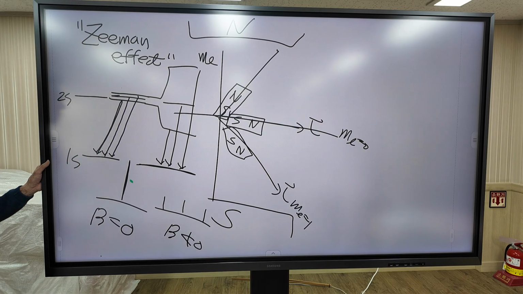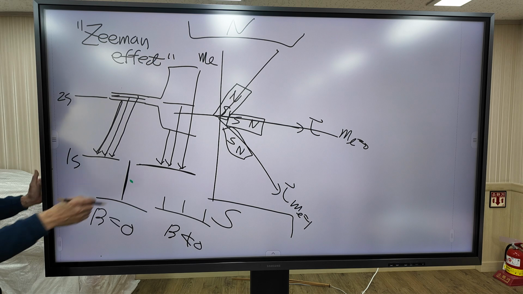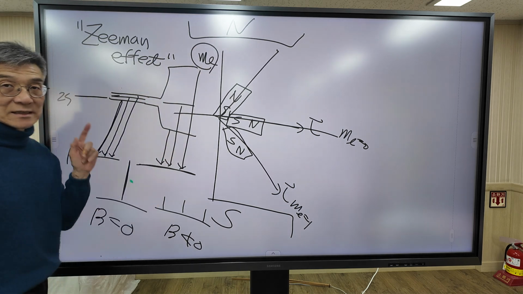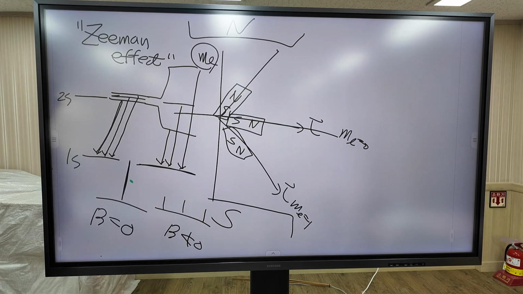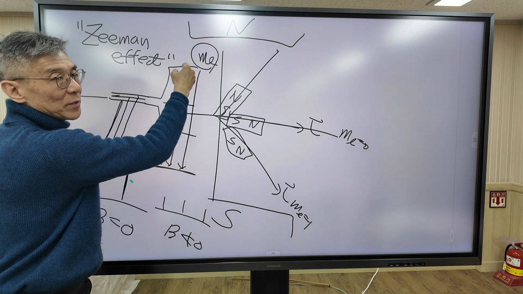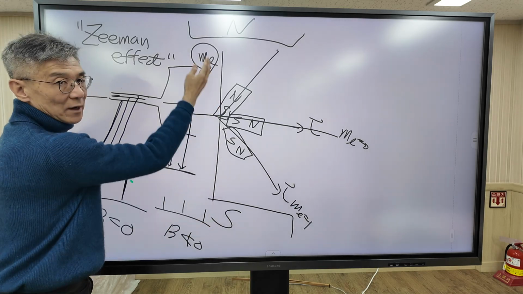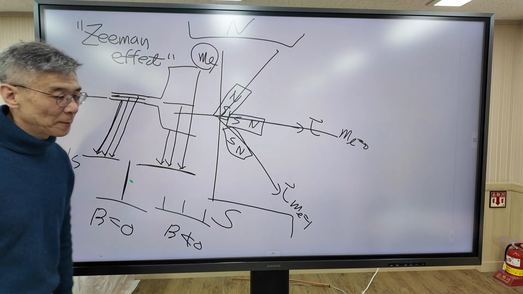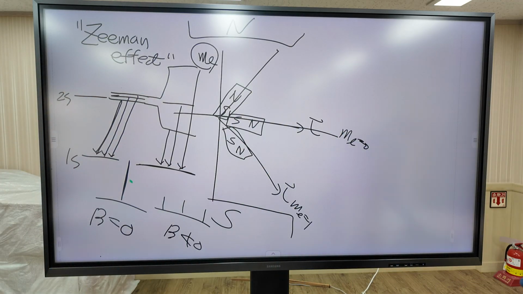The Zeeman effect provides direct experimental evidence that the ml quantum number exists. Right? So we use the term magnetic because the ml quantum number appears when we apply a magnetic field.